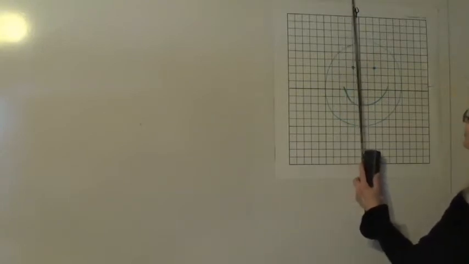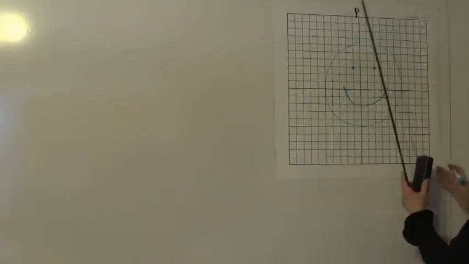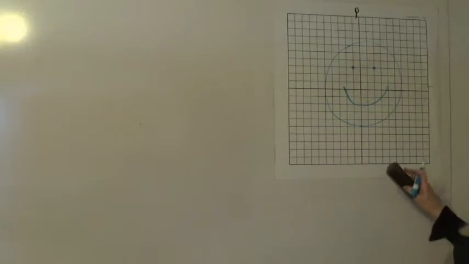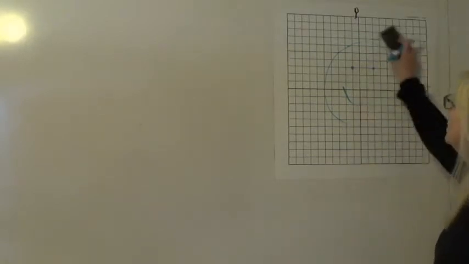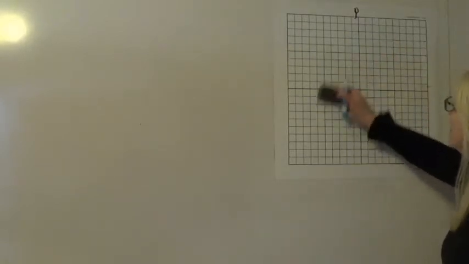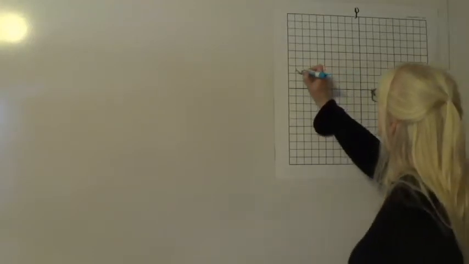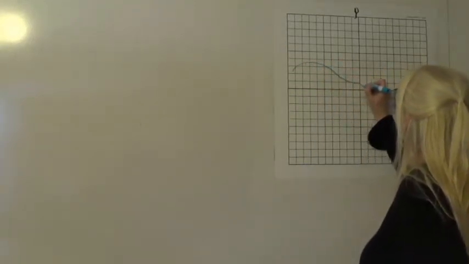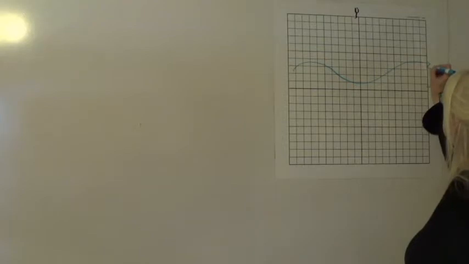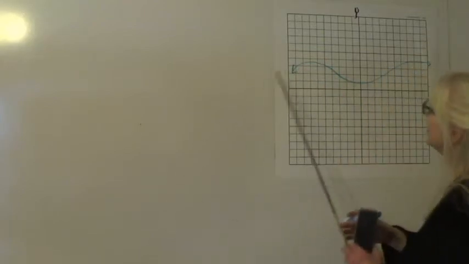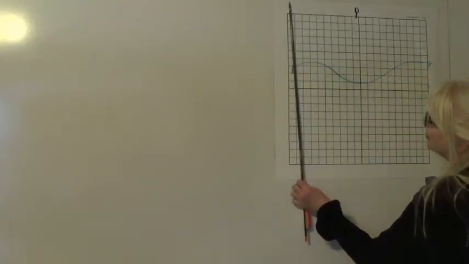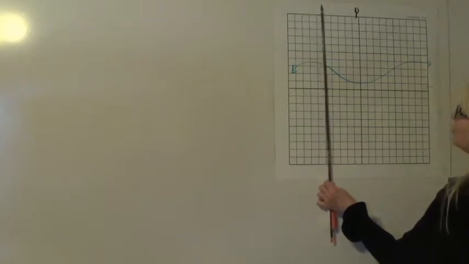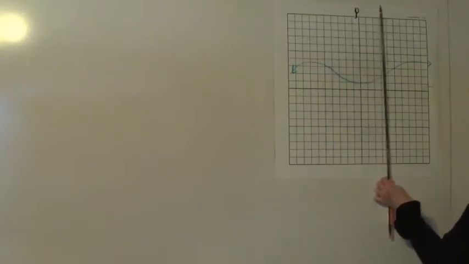So as I move vertically, I do have points stacking on top of each other. So this one is not a function, it's a relation. Let's look at another one. Say that you had this. As I move vertically, I'm just hitting one point at a time. This is actually a function also.